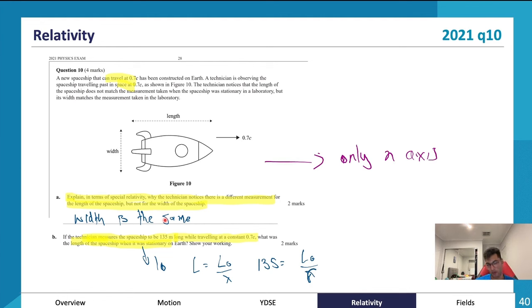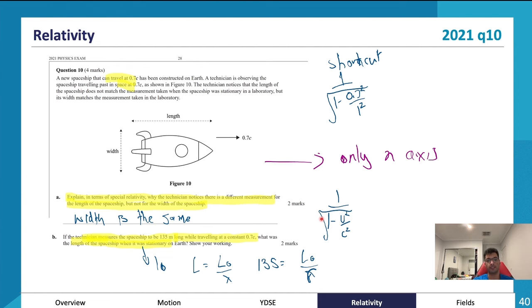A shortcut to calculate gamma is this. We know gamma is equal to 1 minus v squared divided by c squared, all square rooted. Because we've been given velocity in terms of c, so we know velocity is 0.7c, instead of converting this into meters per second and then subbing it back into this equation, we can shortcut this process by just doing this: 1 minus 0.7 squared divided by 1 squared, all square rooted.